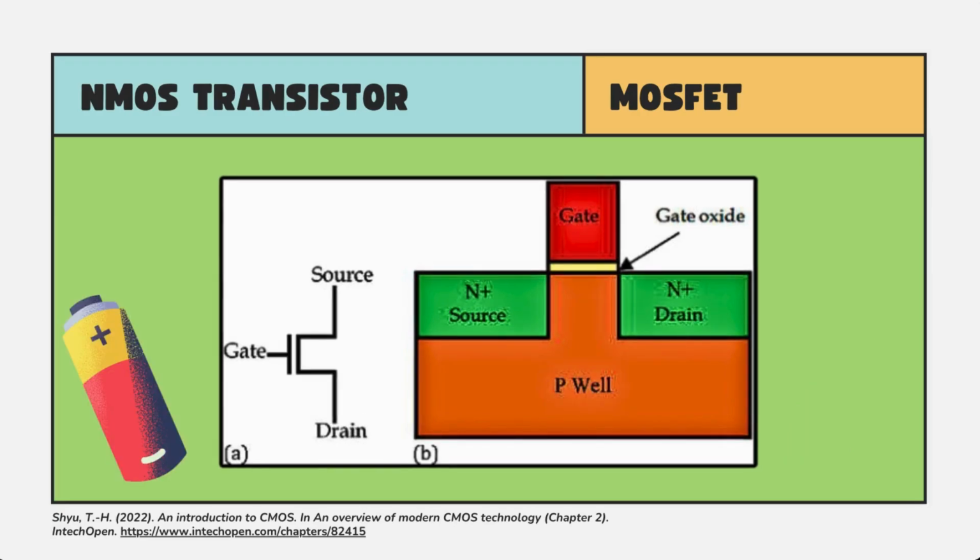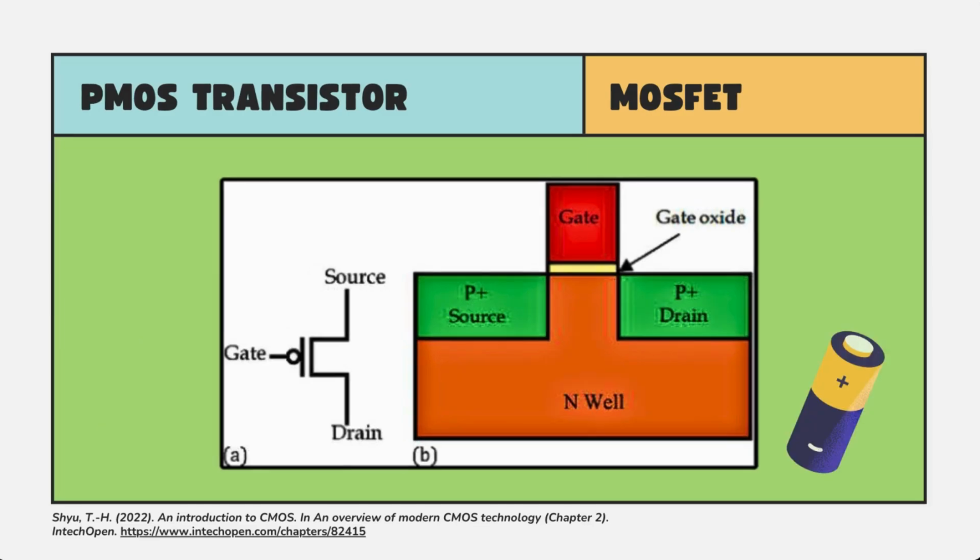NMOS is doped with phosphorus or arsenic, while PMOS is doped with boron. Combining NMOS and PMOS in a circuit, called CMOS, provides lower power dissipation and better noise immunity.